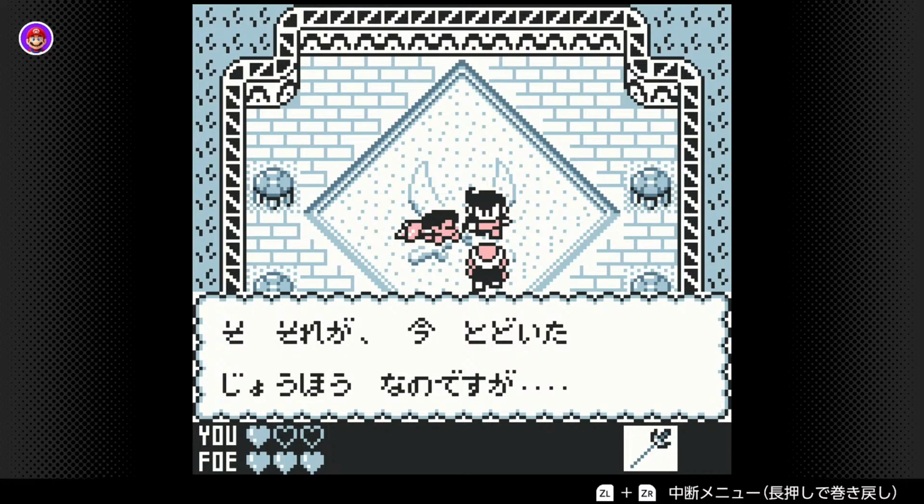Okay, drink some water. Then this old man, by the way, notice that from behind we have part of the top of the head bald, and then we have the hair around the white part there. Who says, sore ga, ima todoita jōhō nano desu ga... Suspension dots, and then it's put.